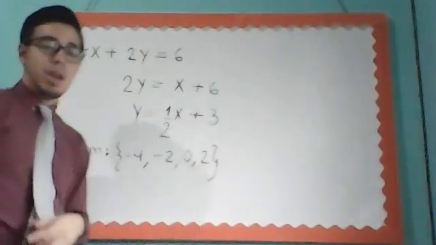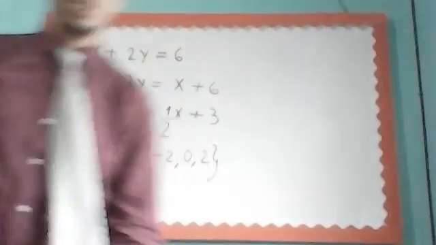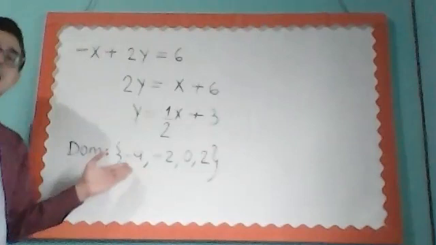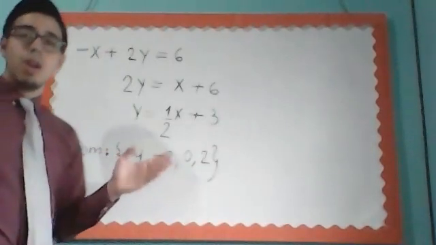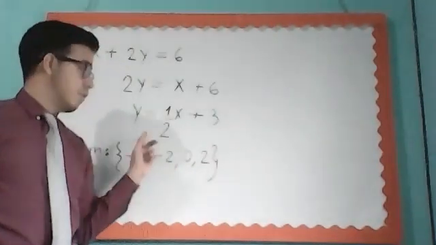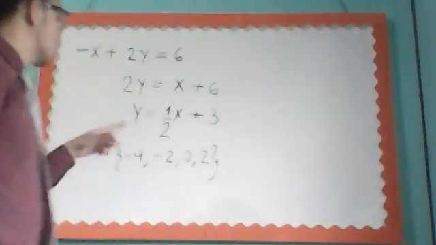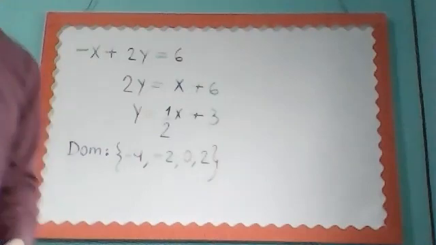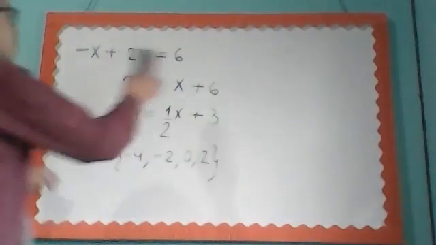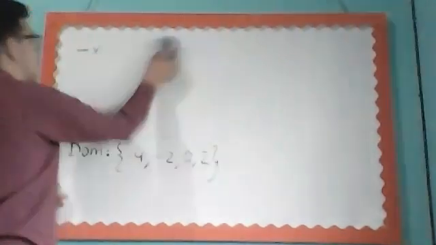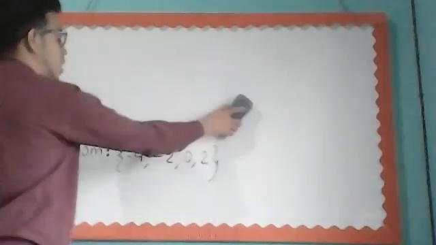Remember what we were doing yesterday in examples 4 and 5. It was replacing the values they give you in the function to find the value of the variable. Okay, so we are going to copy this function at the top, and later we are going to try with each value of the domain.